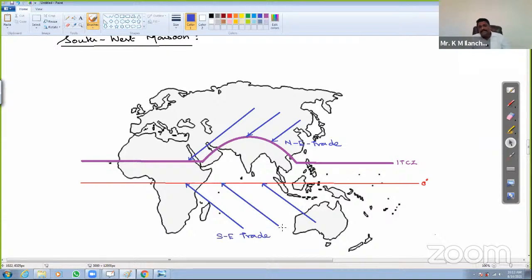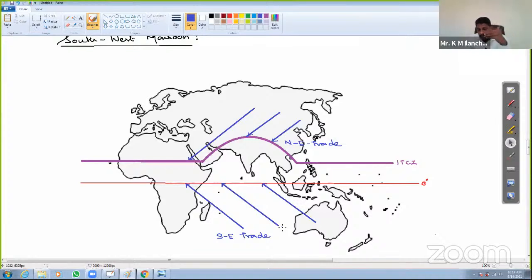Now comes the question. ITCZ is now placed completely in the northern hemisphere. So in order to confluence with ITCZ, the southeastern trade has to enter the northern hemisphere. But on entering the northern hemisphere, the Coriolis effectivity changes. In the southern hemisphere, the direction of Coriolis deflection is towards the left.